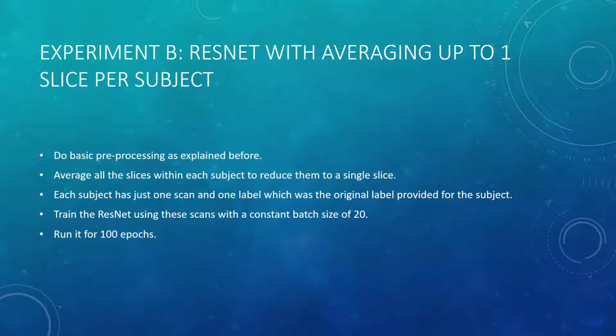So for every subject we will have just one slice of size 512 cross 512, and this slice will have the same label as the subject label. We have used these slices to train an 18-layer ResNet with a constant batch size of 20, and we have again trained this ResNet for 100 epochs.